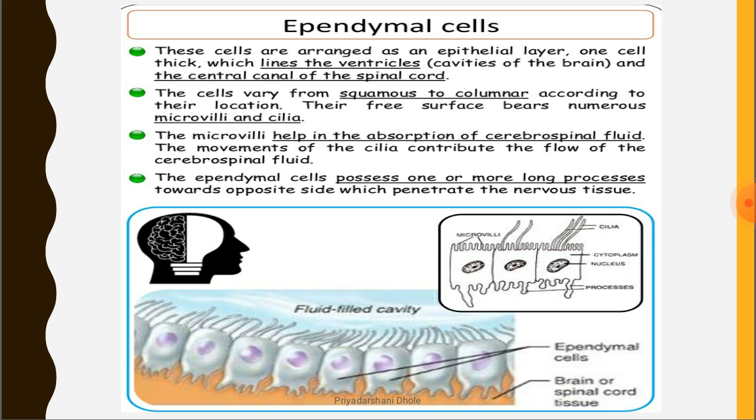And this microvilli, what is the function? It helps in the absorption of cerebrospinal fluid. The movement of the cilia contributes to the flow of the cerebrospinal fluid. And these ependymal cells possess one or more long processes toward the opposite side which penetrate the nervous tissue. You can see in this diagram there is an ependymal cell, and brain or spinal cord tissues are below.